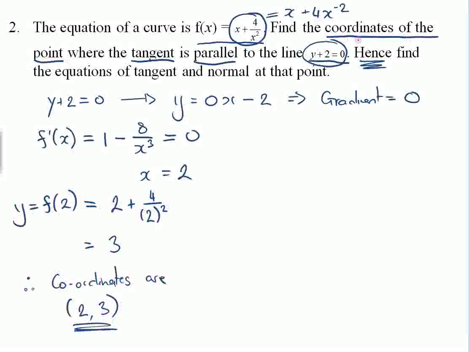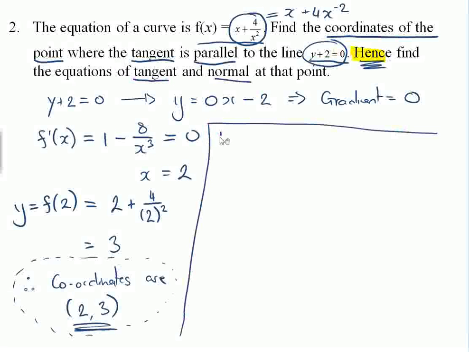The second part tells us, hence, find the equation of the tangent and the normal at that point. So we need to use this answer here to find our second answer for the tangent and the normal. Okay, so let's do these one by one.